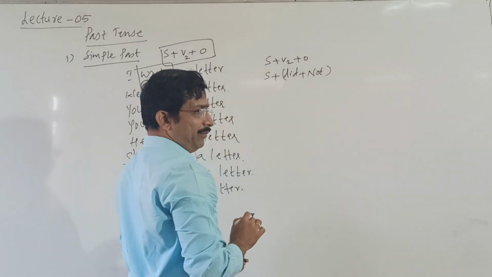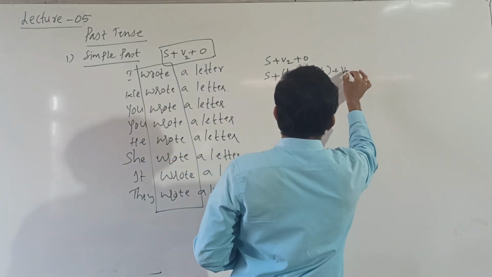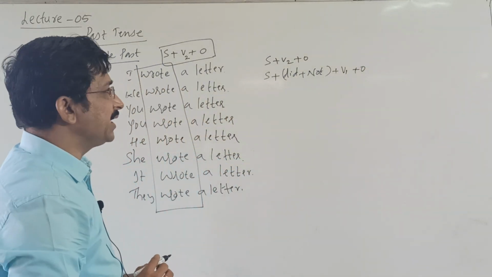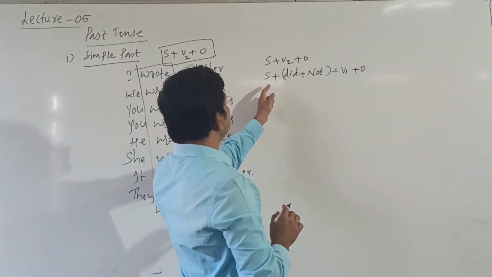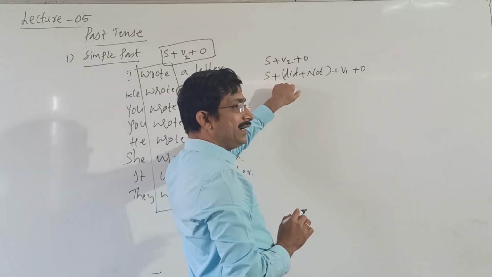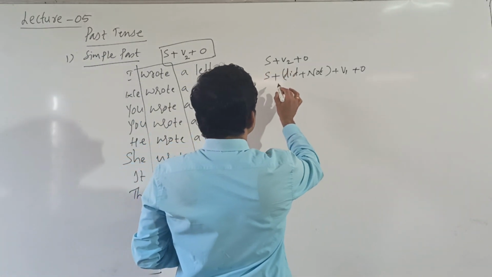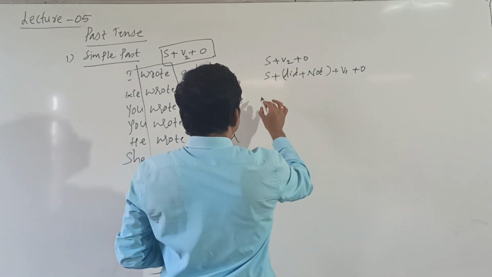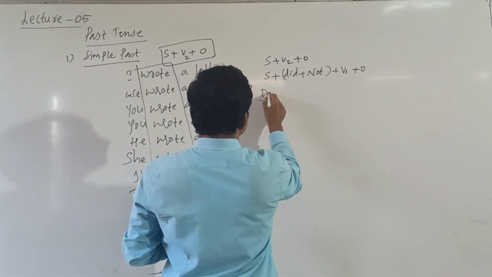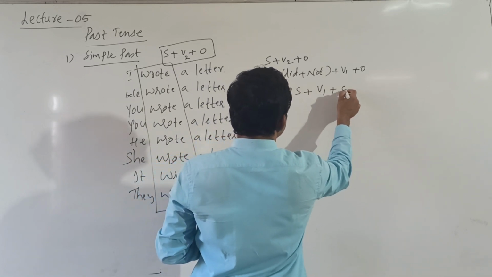That is the do form, plus V1 plus object. The do form in present tense has the past form did. Then for its interrogative, bring out its helping verb, did, plus S plus V1 plus object.